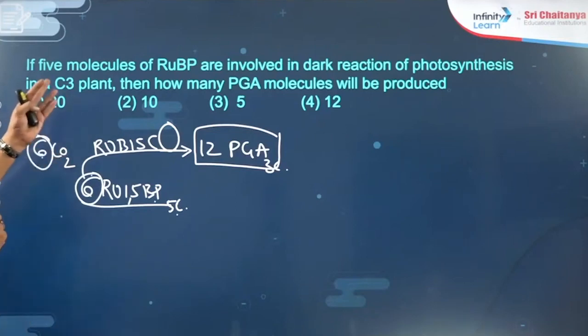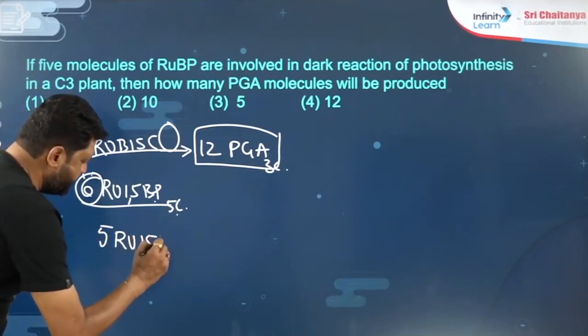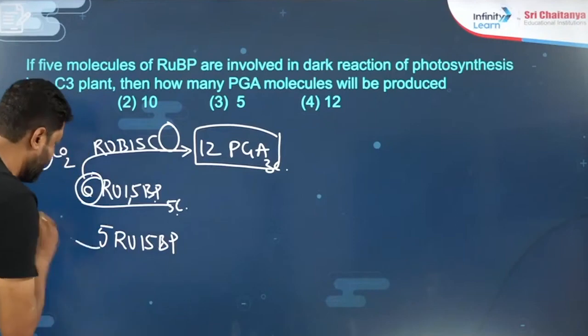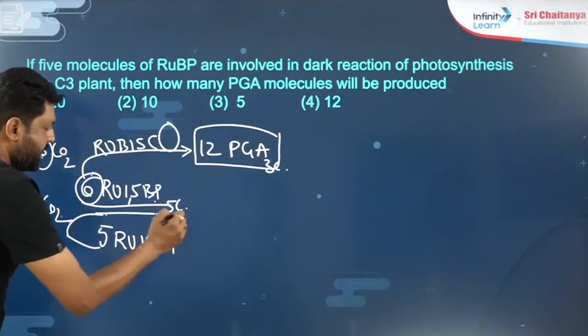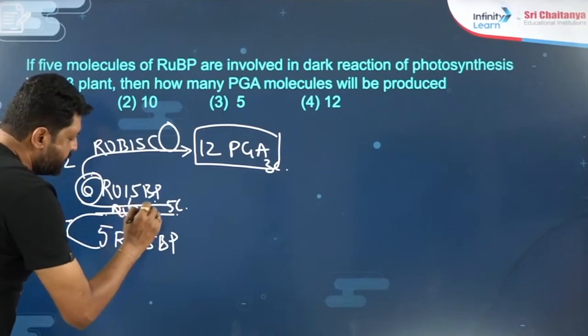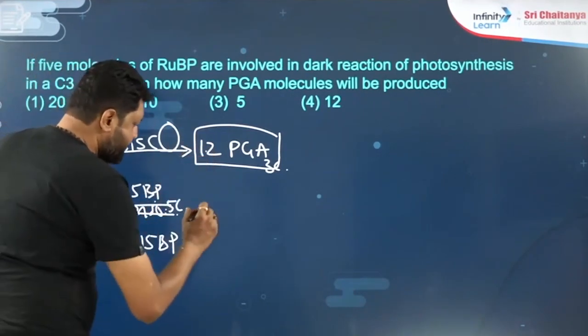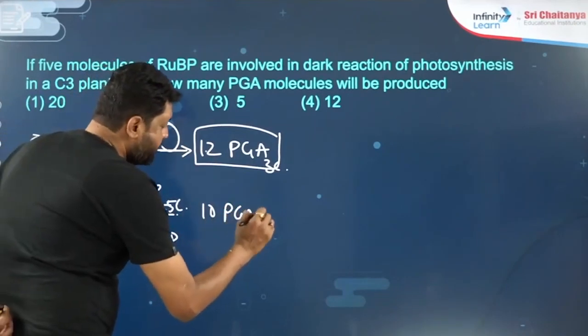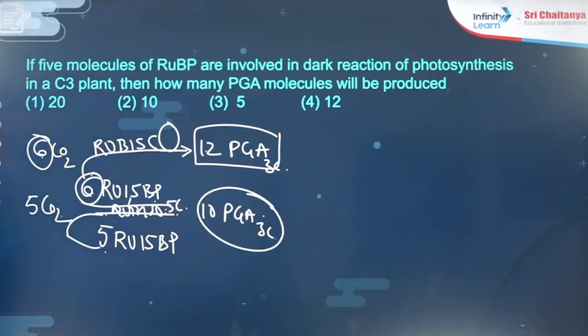But the question asked is, if 5 molecules of RuBP are involved, 5 ribulose 1,5-bisphosphate, then add with 5 CO2, tell me the activity of rubisco. Here it is 6, it is 12, then for 5, it is 10 PGA molecules. 10 PGA molecules can be produced.